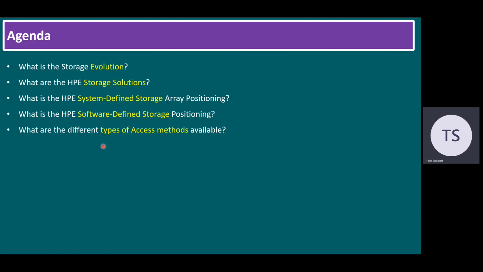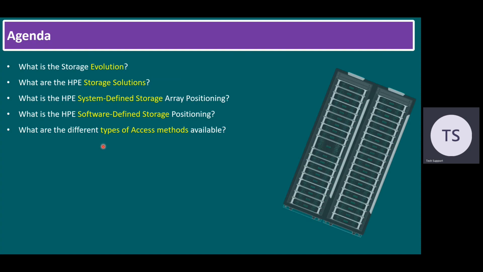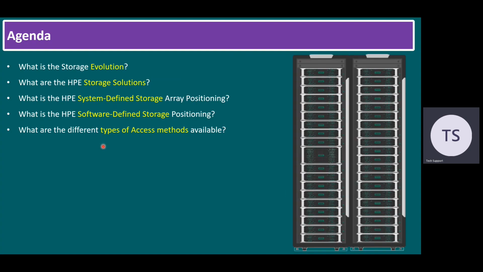Okay, and before going to the actual topic, let me quickly give you one use case scenario. Let's say in our customer data centers, we have multiple racks running with physical servers, either 1U servers, 2U servers, or 4U servers. Whatever servers you have in your physical data center, all these physical servers require storage access. This storage can be network attached storage, or iSCSI SAN, or fiber channel storage.